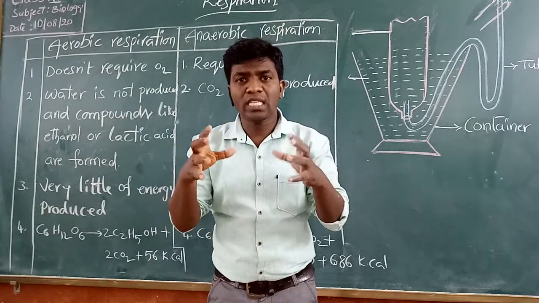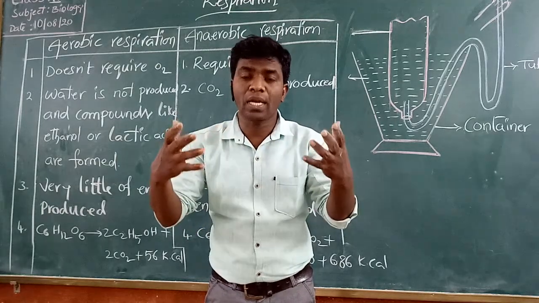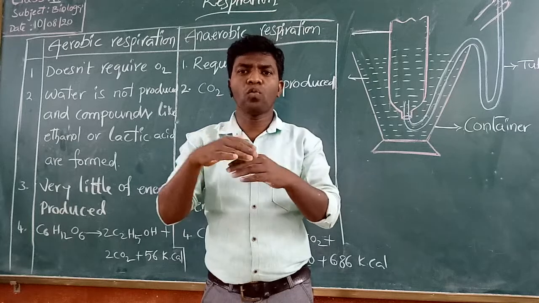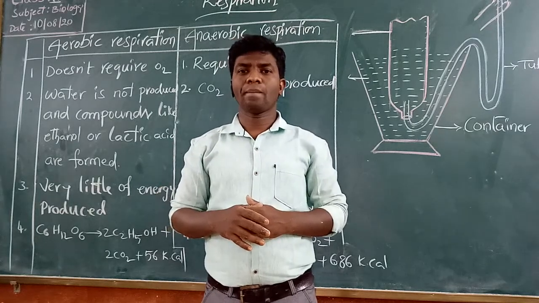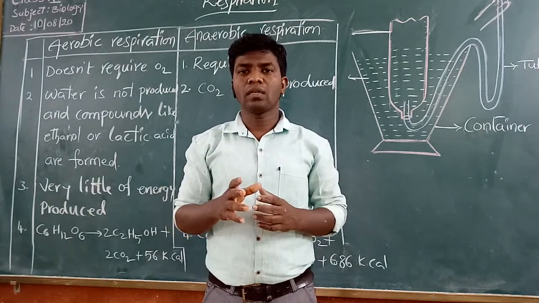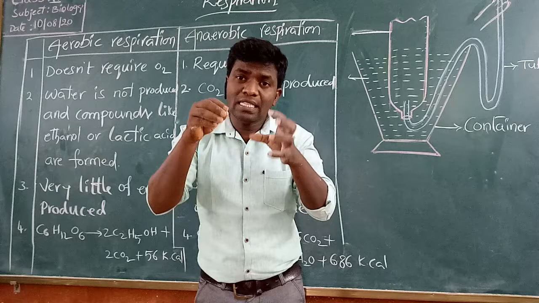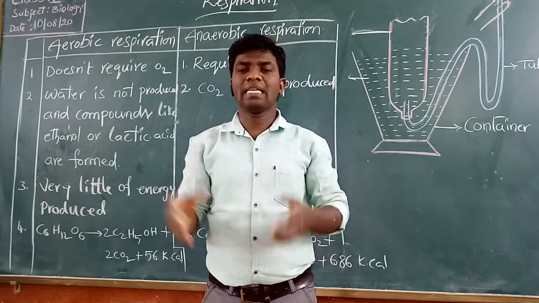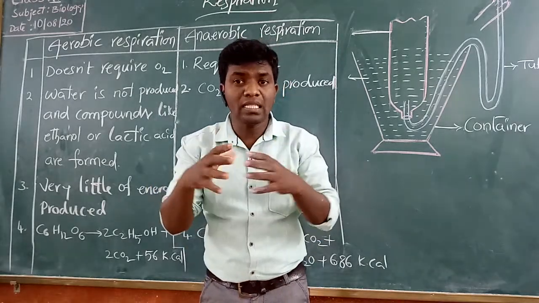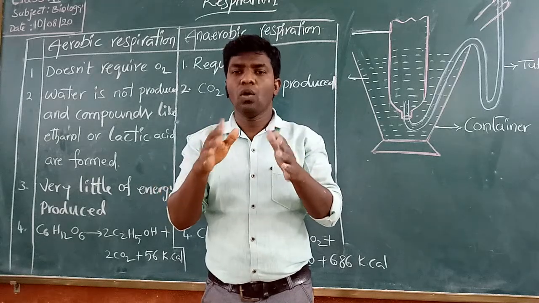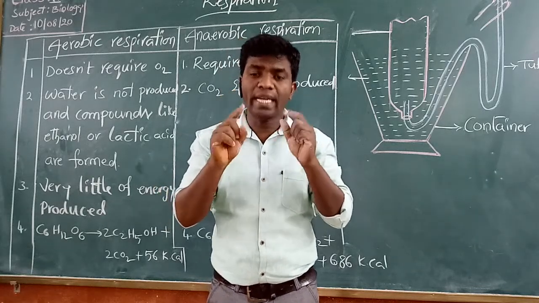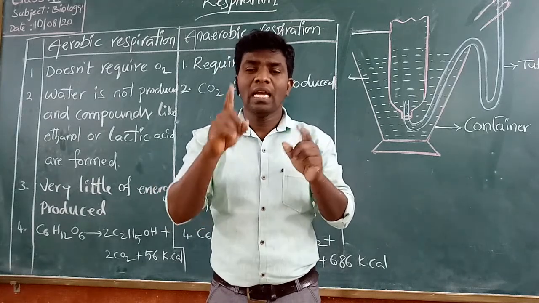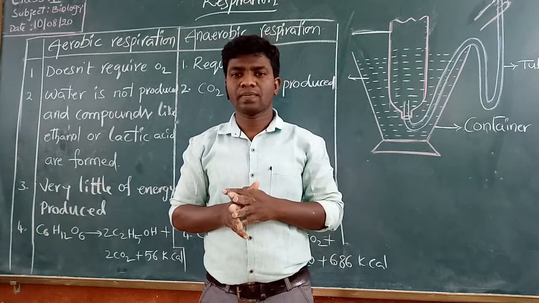In anaerobic respiration, glucose is not completely oxidized to carbon dioxide and water. Rather it is oxidized to produce ethyl alcohol or ethanol, or lactic acid. Less energy is released in this process. Only 2 ATP molecules are released from each glucose molecule.